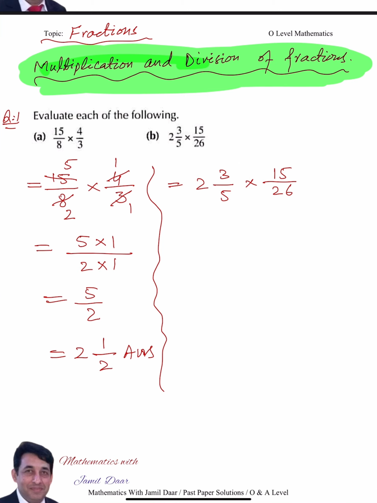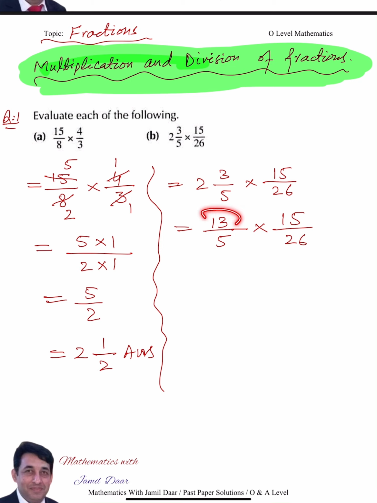How do we change a mixed number into a fraction? We'll multiply 2 by 5. This will become 10. So multiply this and add up this 3. 2 fives are 10, 10 plus 3, this will become 13. So 13 divided by 5 into 15 divided by 26.